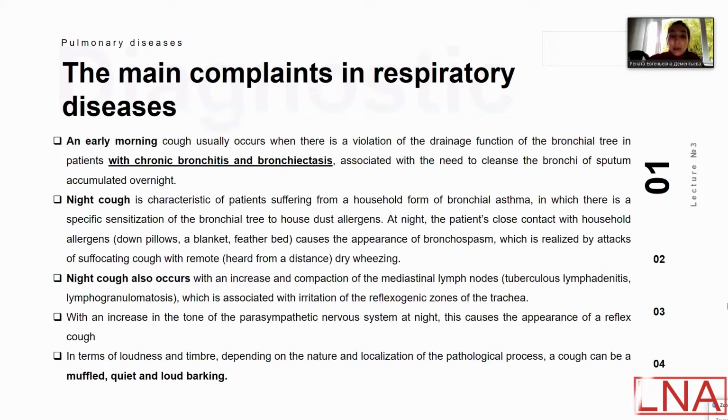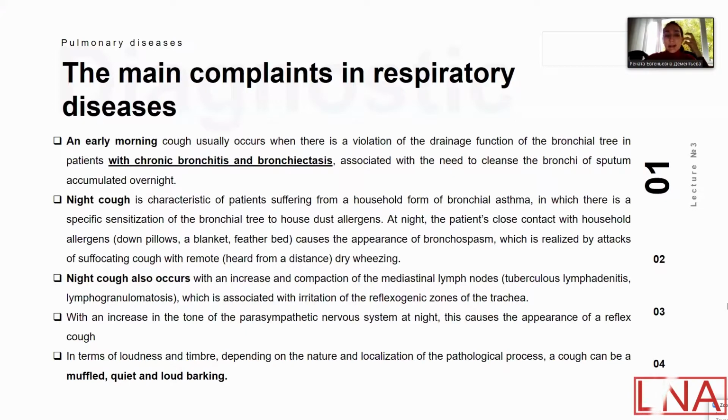Night cough also occurs with an increase and compaction of the mediastinal lymph nodes, in tuberculous lymphadenitis and lymphogranulomatosis. Enlargement of the mediastinal lymph nodes is associated with irritation of the reflexogenic zones of the trachea, and the pressing after irritation can be a cause of developing cough.